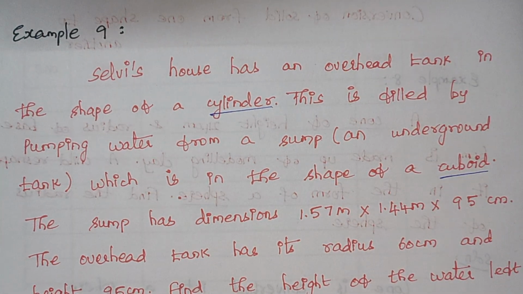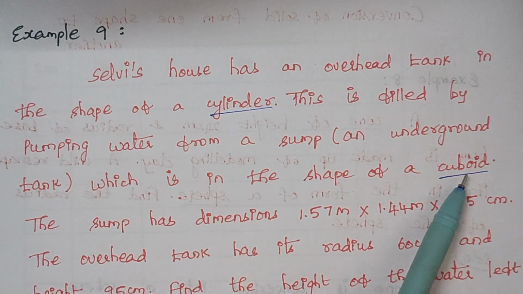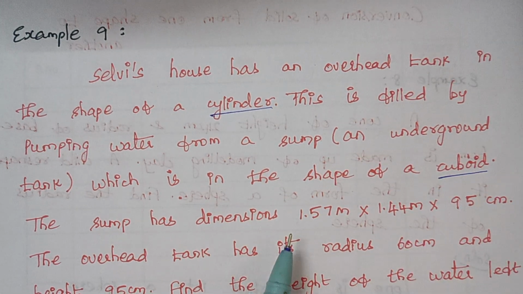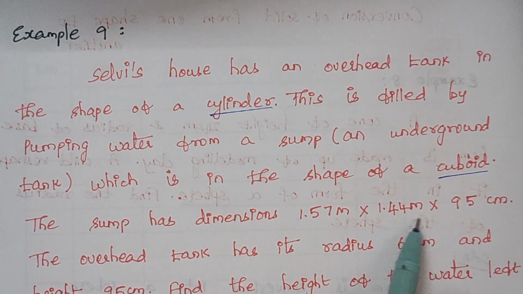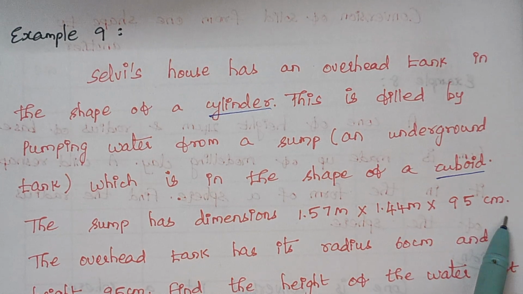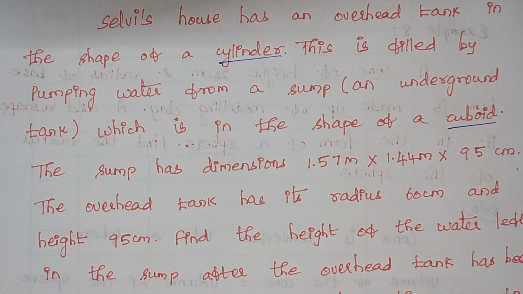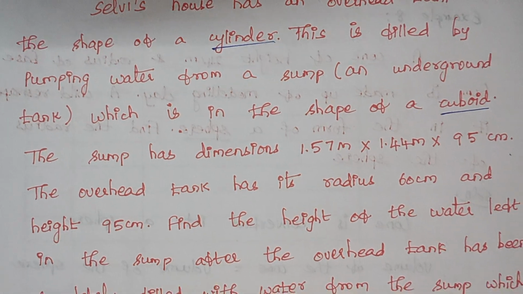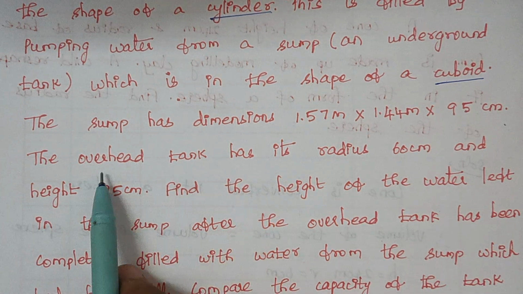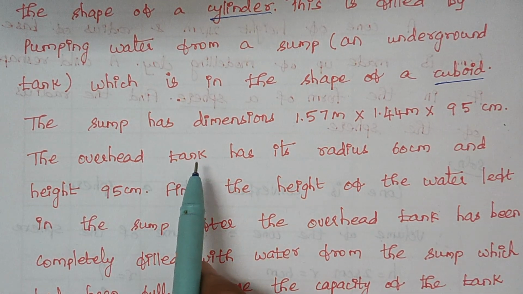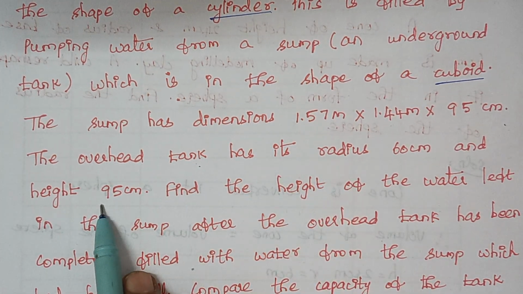The sump has dimensions, that is the cuboid has its dimensions as 1.57 meter into 1.44 meter into 95 centimeter. Now the overhead tank has its radius as 60 centimeter and height as 95 centimeter. What is the shape of this overhead tank? This is in the form of a cylinder. Therefore the cylinder radius and cylinder height is given.